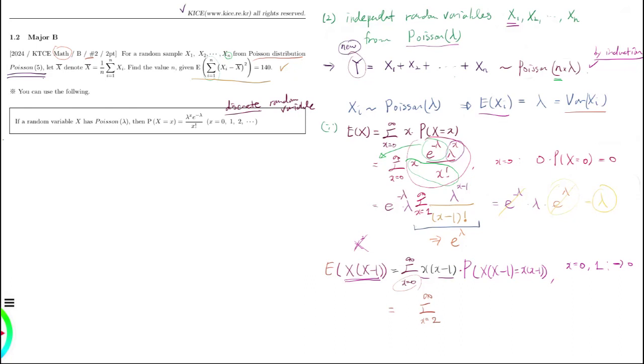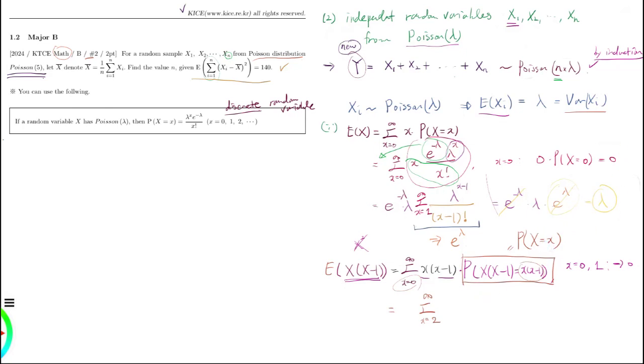Okay, and then, I'm sorry, this probability: when random variable capital X times x minus 1 is the same as x times x minus 1, the probability is the same as when the random variable capital X equals x.